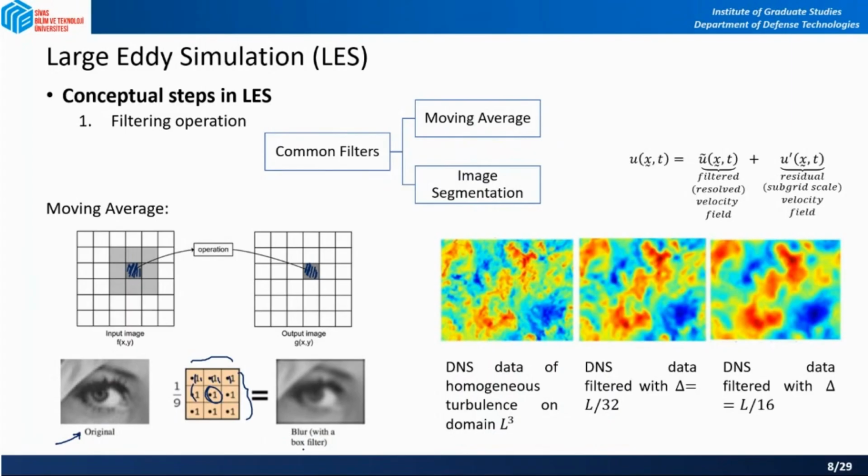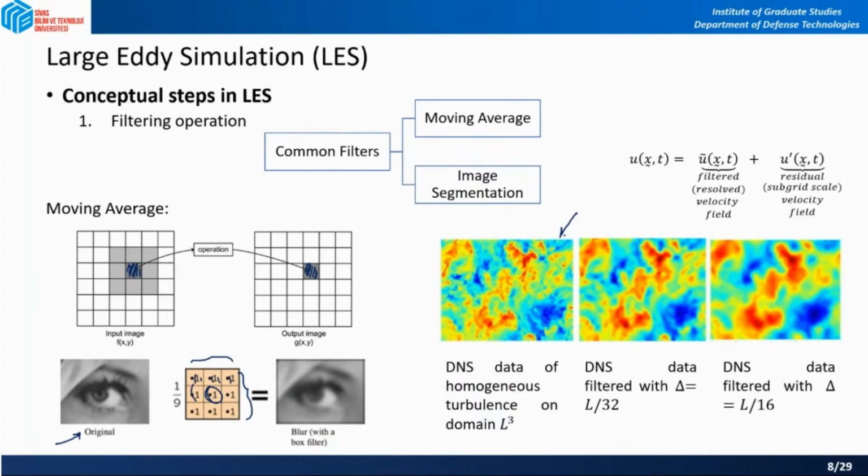This is, for example, for grayscale images, and actually this is exactly what happens to the velocity field when we want to do LES. You're seeing three different images in here.